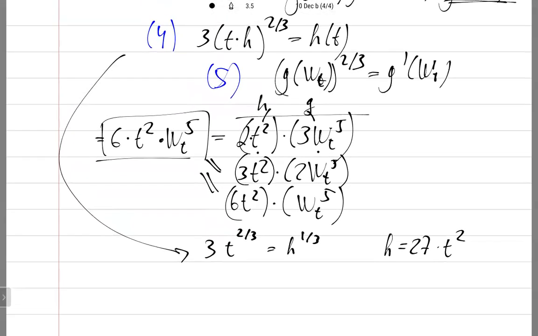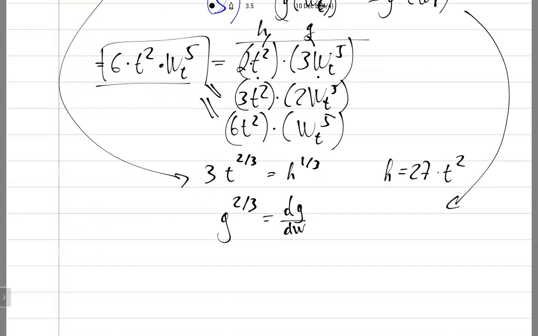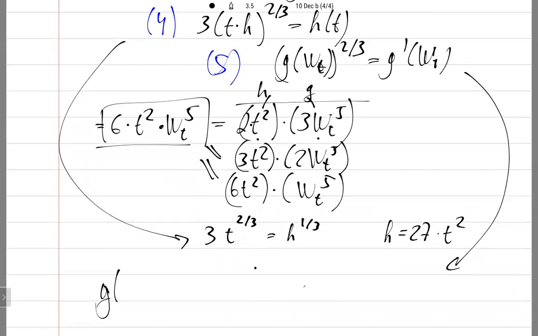Now let's use property 5. g to the power 2 over 3 is dg over dW. So let's write it like this. g is a function; temporarily, let's replace W by some small w, non-random.